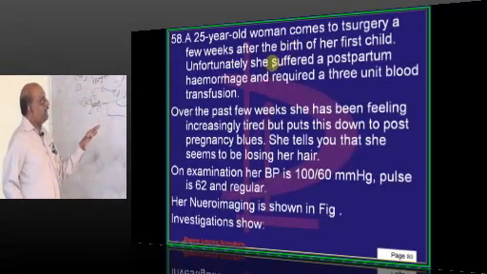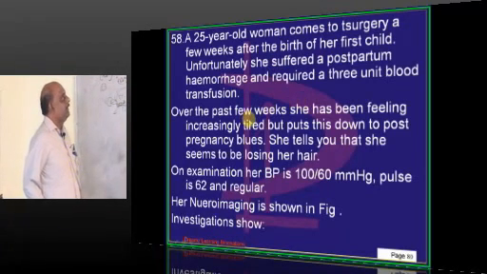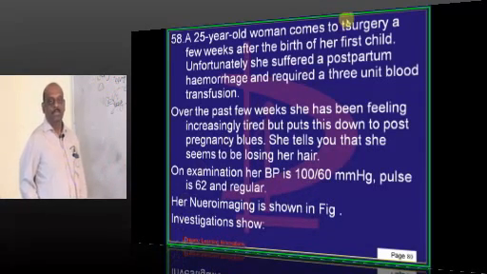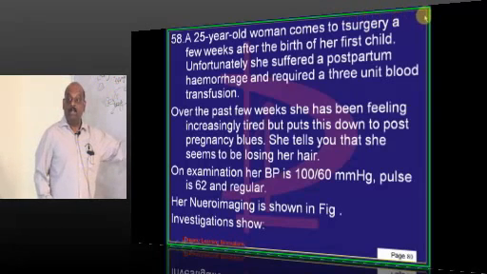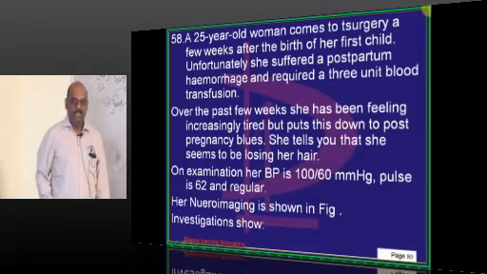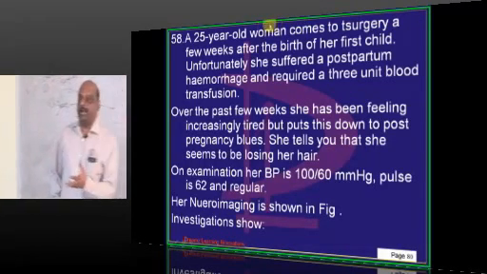A 25-year-old comes to surgery, suffered postpartum hemorrhage. For a few weeks she is feeling increasingly tired. Blood pressure is low, 100/60. Pulse is 62. Anybody whose blood pressure is constantly low, especially diastolic pressure, what does it indicate? There is an insufficiency of mineralocorticoids in the body.